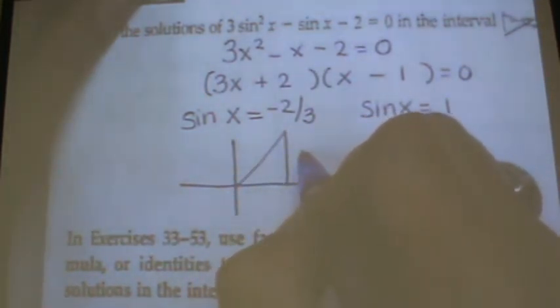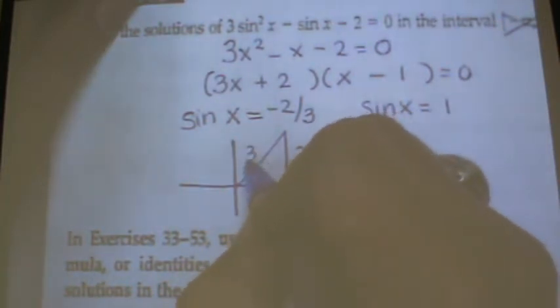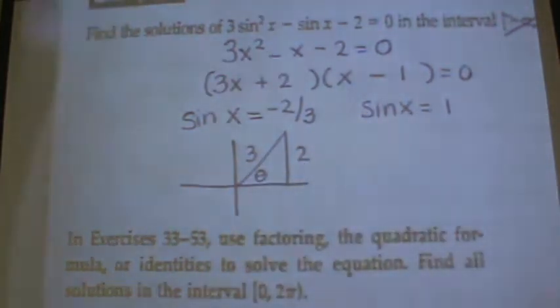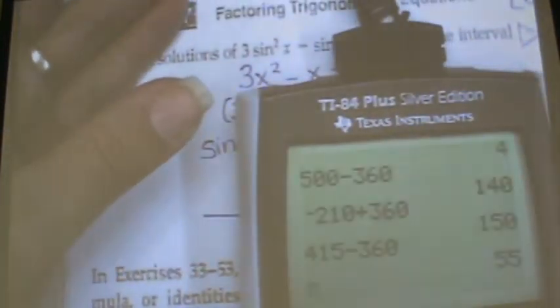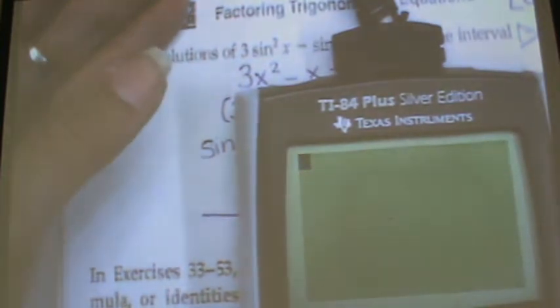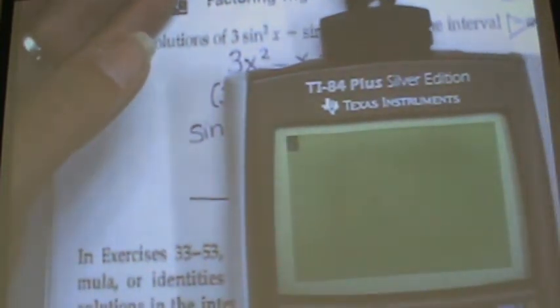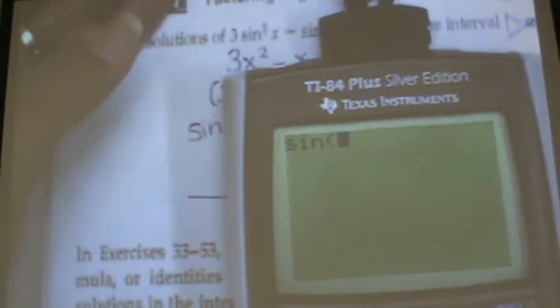So you're looking at, if this side is 2 and this side is 3, what angle am I? You remember this? So you're going to hit second, or if you're using the Inspire, or any calculator, you want to make sure that you're in radian mode. I'm going to use this one because the screen is just bigger.